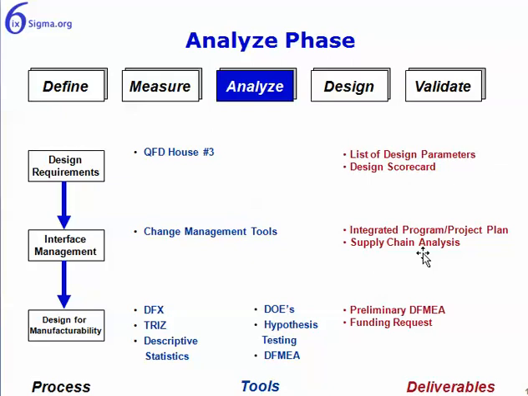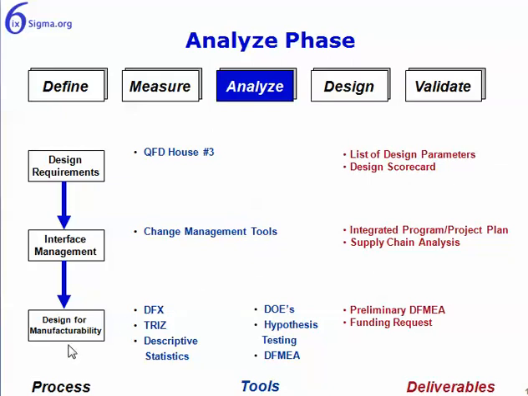If there's any other integration that has to take place within the organization, so if you're introducing a new product, maybe it's a new product line, sales cards that you use, that sort of thing. If people need to be trained, then this would be part of the interface management. If technical people need to be trained up on receiving calls for the new product, that sort of thing. And what you're going to find is you're using the change management tools quite a bit here. So that's the interface management.